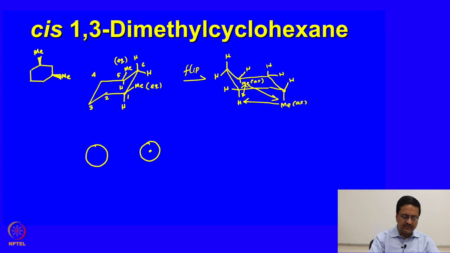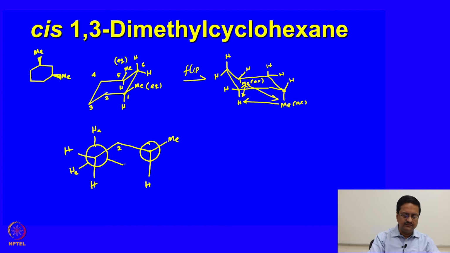on the front carbon here we have a methyl group in the equatorial position. There is one hydrogen. These two are connected through 2, and then you have the hydrogen here, hydrogen in the equatorial position. Then on carbon 4, this is the equatorial hydrogen, and this is the axial hydrogen.